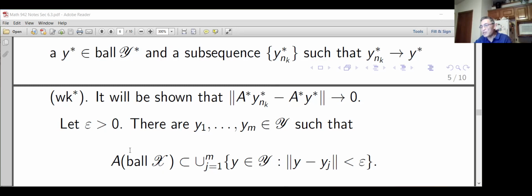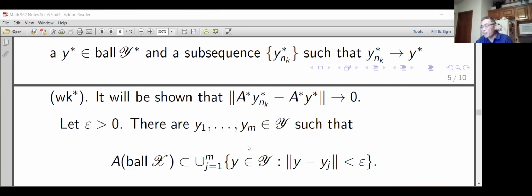But now, since A is compact, for these infinitely many vectors we can have finitely many, and all others are epsilon close to these finitely many. That will make the functional go to 0 uniformly. So that is the idea.